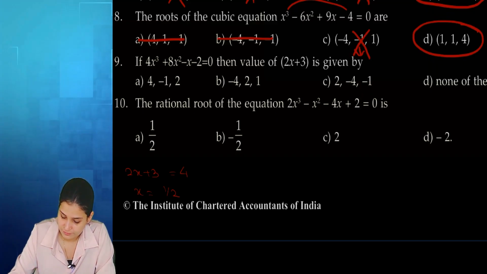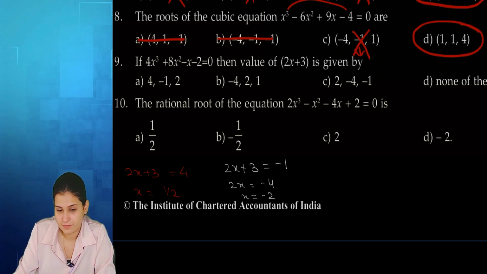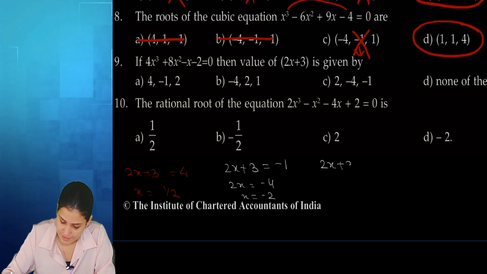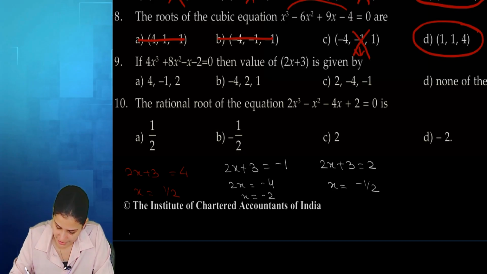Is it okay? Yes, ma'am. If I take 2x plus 3 equal to -1, x is -2. If I take 2x plus 3 equal to the third value, x is -1 by 2. That means for option A, my roots are half, -2 and -half.